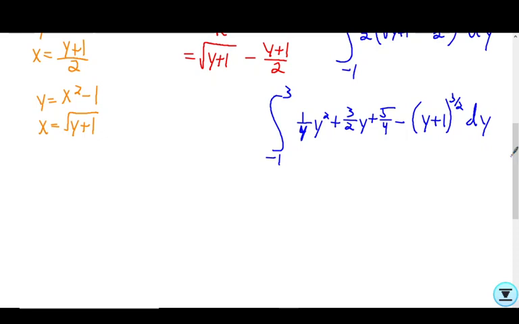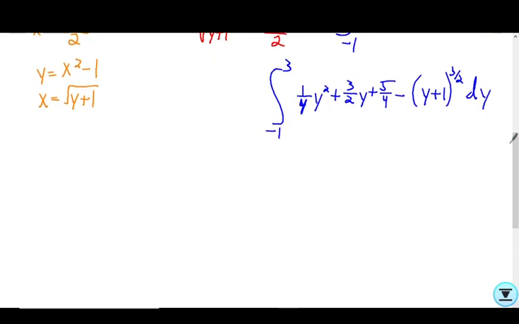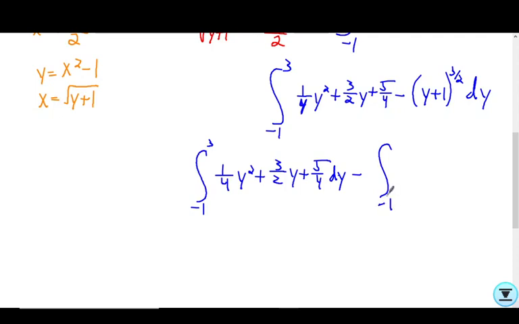Now, one way of doing this, and probably the easiest way, is actually splitting it up into two integrals to make it easier. Okay? So that's what I'm going to do. I'm going to split it up with my polynomial in one, 1/4 y squared plus 3/2 y plus 5 over 4 dy, minus the integral from -1 to 3 of (y plus 1) to the 3/2 power dy.